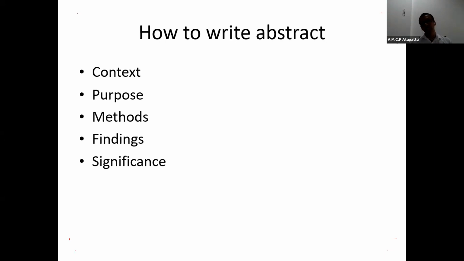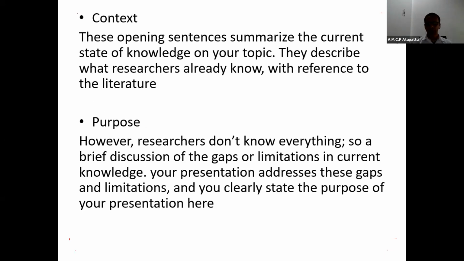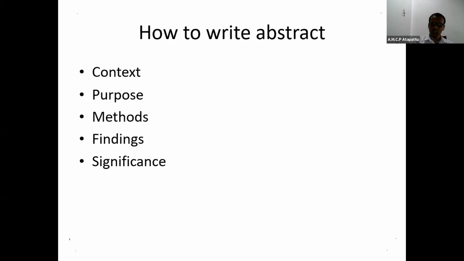Right, when you are writing that abstract, before I say further, this context, purpose, method, finding, significance, if you write without taking these headings, as a paragraph, that is what we normally write. If you are using headings, under the heading context you write existing knowledge.